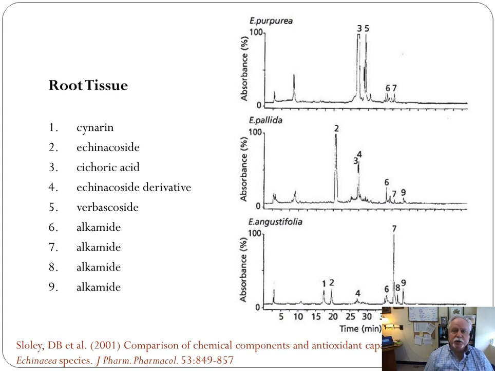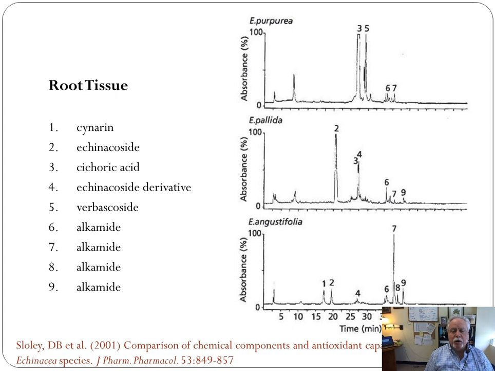And this gives you a picture of the three species. And if we look just at the root tissue, and we look at the phenylpropanoid derivatives like cynarin, echinacoside, chicoric acid, and the echinacoside derivative, and the verbascoside, and then 4 different types of alkylamides.